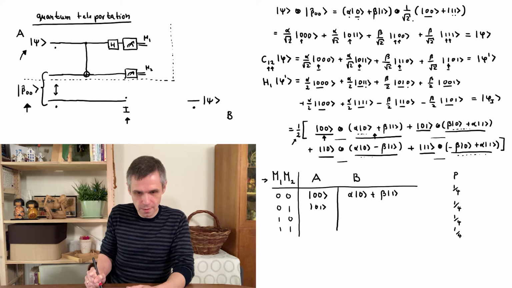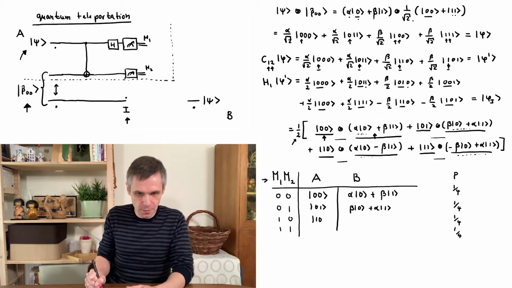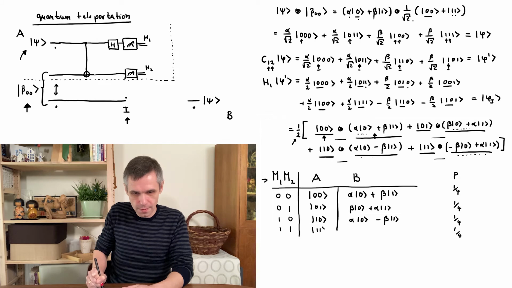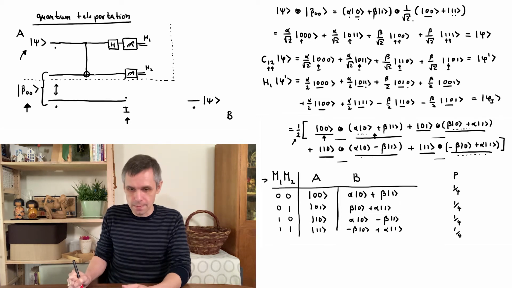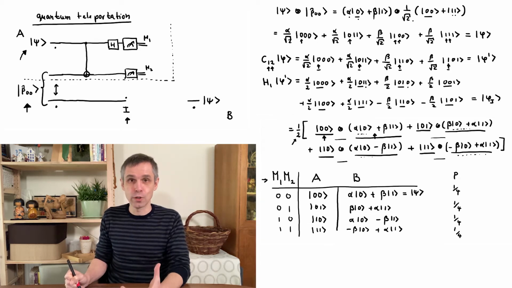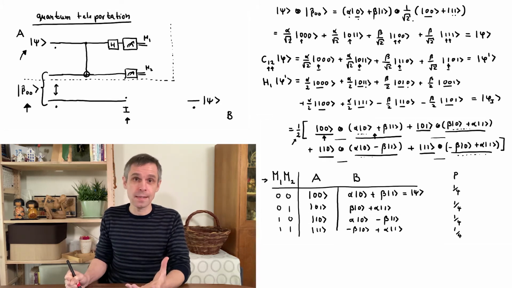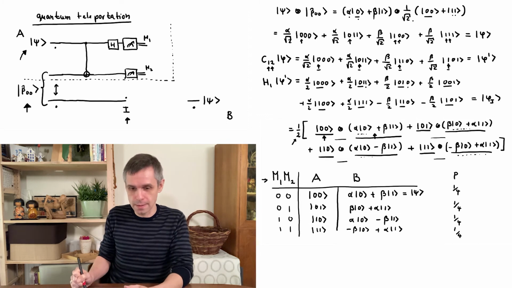For 0, 1, Bob's quantum bit is in this state, while for the outcome 1, 0, we have this combination here, and for 1, 1, we have this state here. And when we look at this, we see that this state here is indeed just the same as the state psi, the original state of the first quantum bit. And it does not end there. All the other states are actually related to psi in a very systematic way.